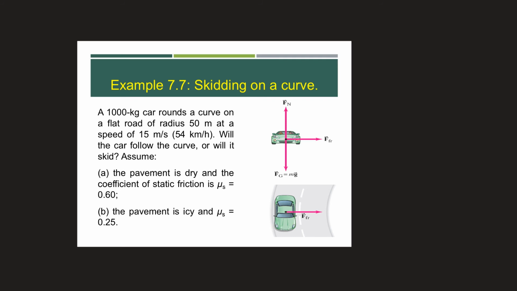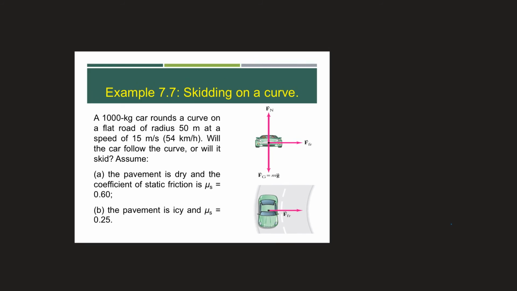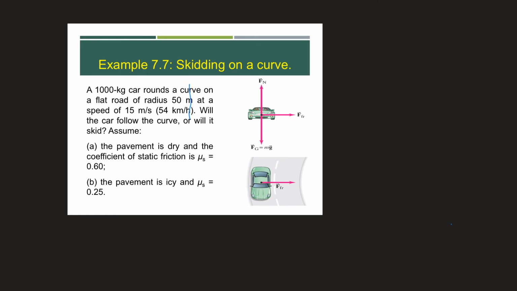Like I mentioned before, you need to compare the frictional force and the centripetal force. So we find the centripetal force first, and then compare with the frictional force. The formula is Fc equals mv square over r.